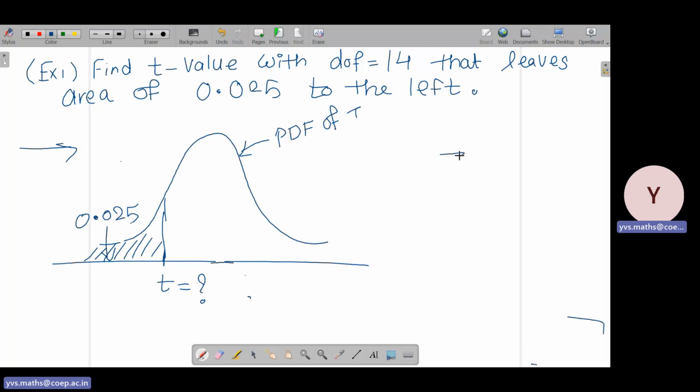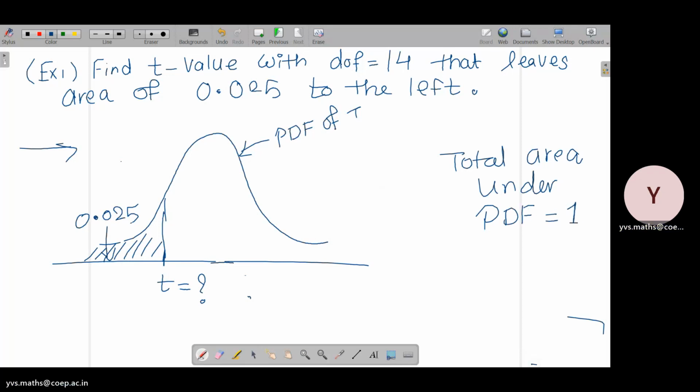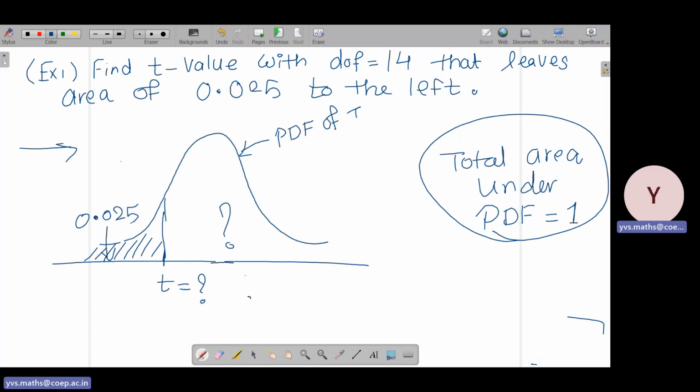Total area under the PDF is 1. This is one of the very important properties of a probability density function. Here I am assuming that the audience knows what PDF and CDF of any distribution are. So if the total area is 1, what is the right hand side area after this t value?